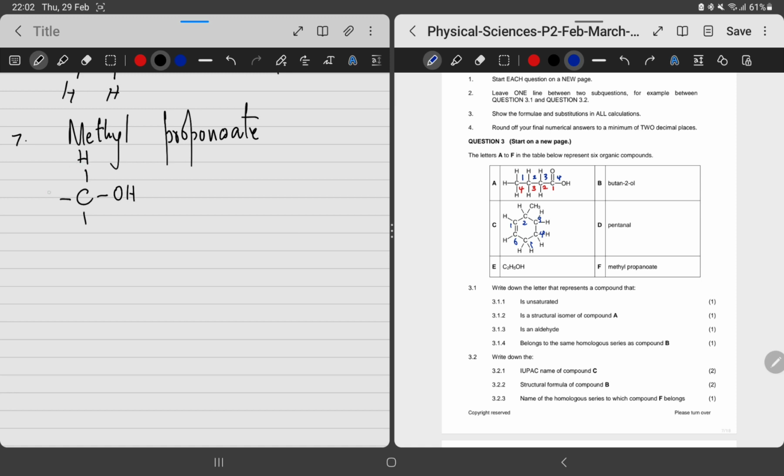So this comes from the alcohol, right? And then we are taking an alcohol and reacting with what? A carboxylic acid. So prop means 3 carbons, so it's 1, 2, 3. And then we know that the functional group of a carboxylic acid must be that, right?